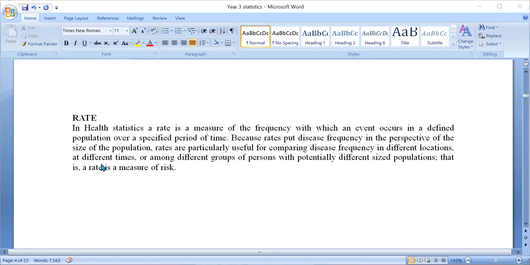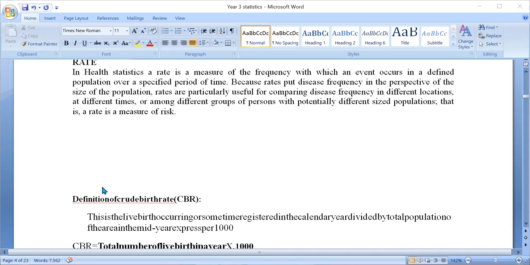It will tell you that the infant mortality rate in Nigeria is higher compared to what is obtainable in the US. So rates are used for comparisons at different locations or among different age groups. And rate is also a measure of risk, because if we say that these people have a higher rate of this, it tells us how fast or how bad that disease condition is in that area.